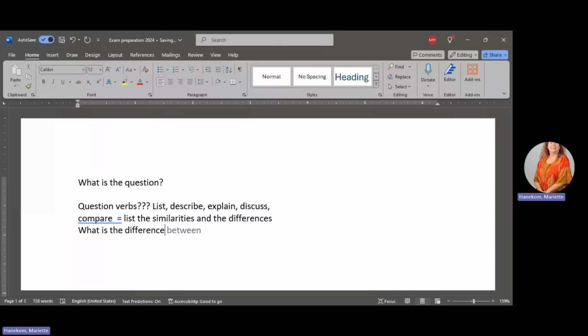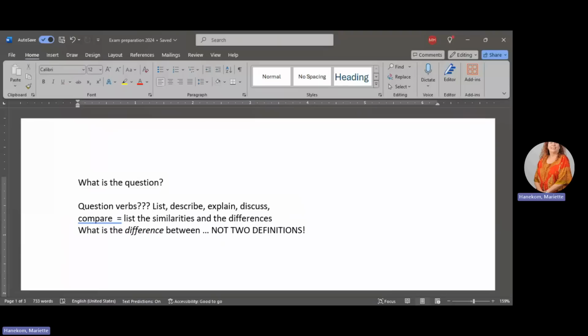What is the difference between whatever? I'm literally looking for the difference. What are the differences? This does not mean I'm looking for two definitions.